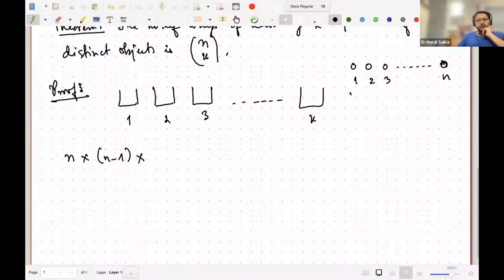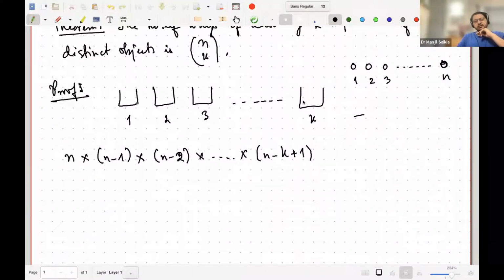Then you look at the remaining n minus 2 objects, pick one of them and put it in the third box. This can be done in n minus 2 ways, and so on until you have taken out k minus 1 objects, and then you are left with n minus k plus 1 objects. These would be the number of ways of putting k different objects out of these n distinct objects into these boxes if the order did not matter.